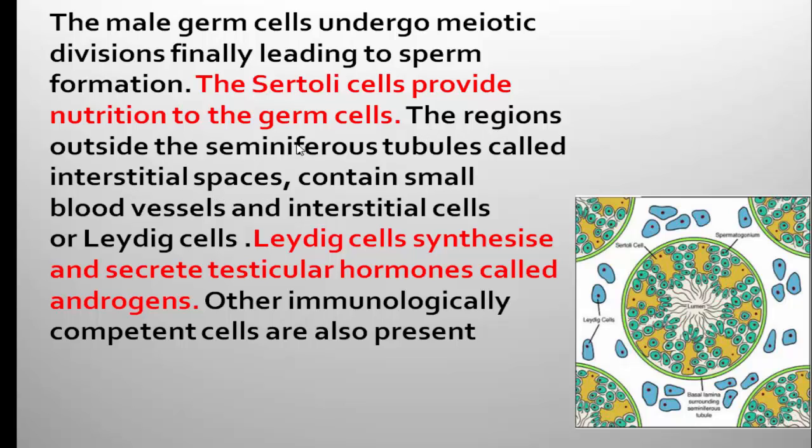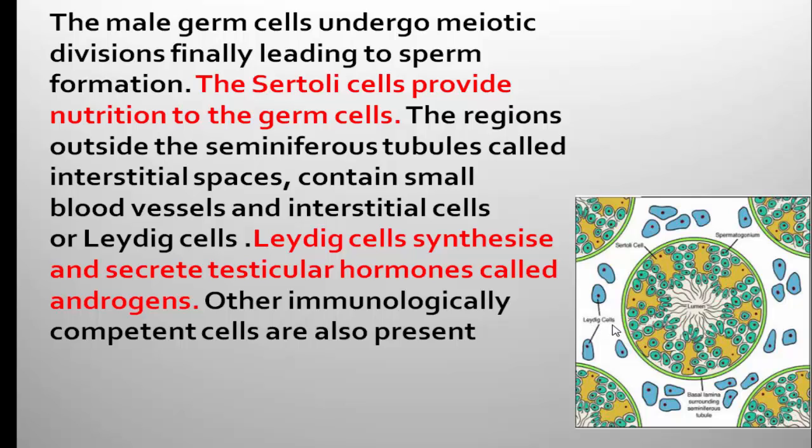So the interstitial space is present outside the seminiferous tubule, and it contains small blood vessels and interstitial cells. The interstitial cells are also called Leydig cells.